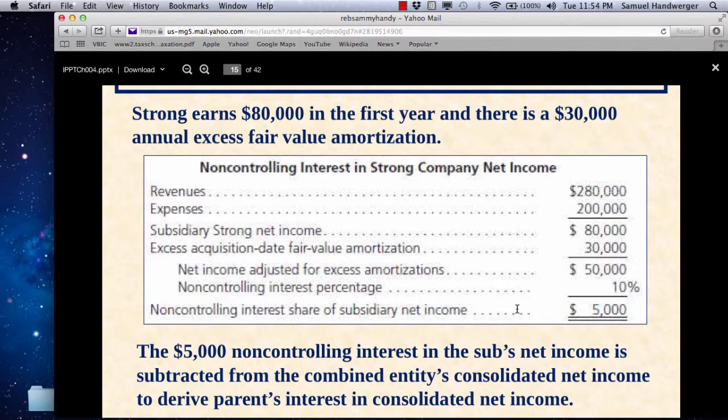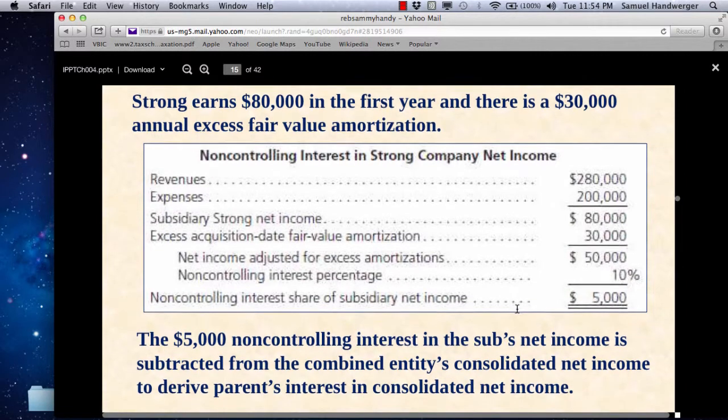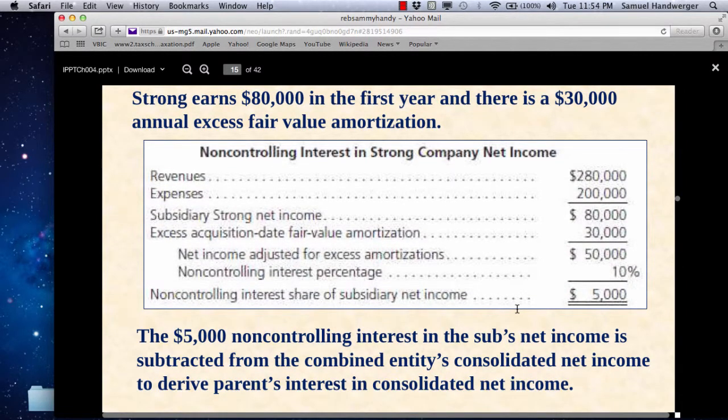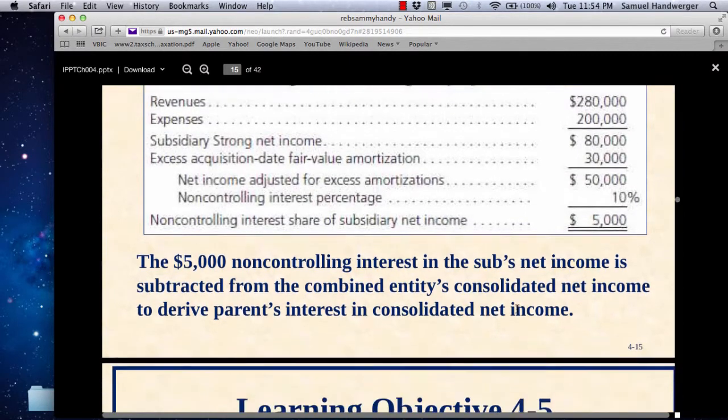Because after all, the non-controlling interest doesn't own any of the parent, it only owns this 10% of the subsidiary. So when we get to the consolidated income statement, only $5,000 will show as the non-controlling interest share of the total consolidated net income.